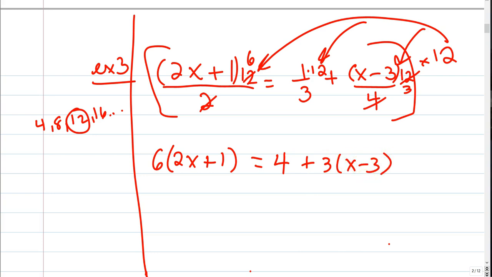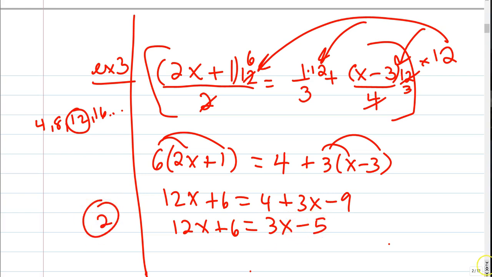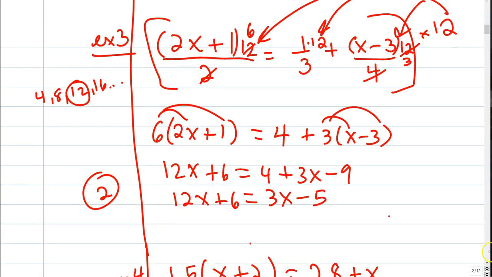No more fractions. Learn how to clear them. Now we distribute. So 12x plus 6 is equal to 4 plus 3x minus 9. Combine like terms. About 3x minus 5. That is all the simplifying. Get the x on one side.